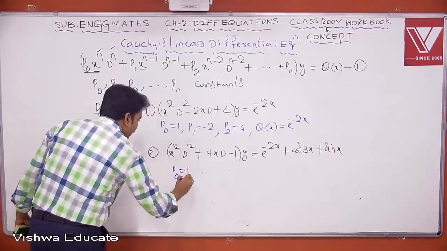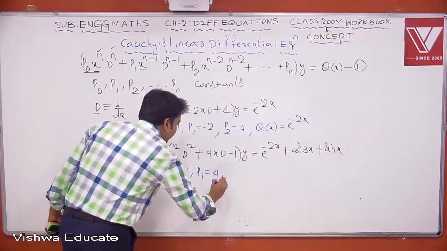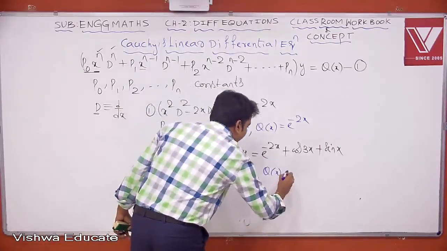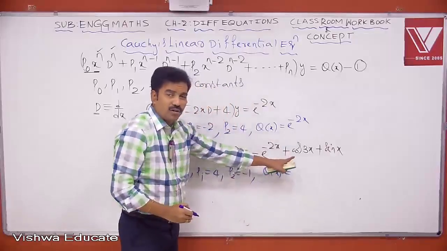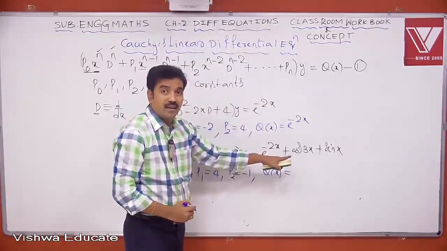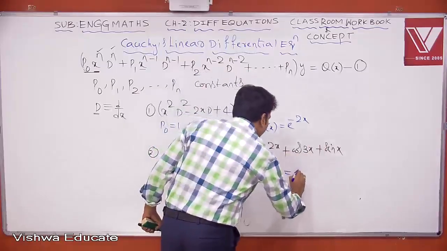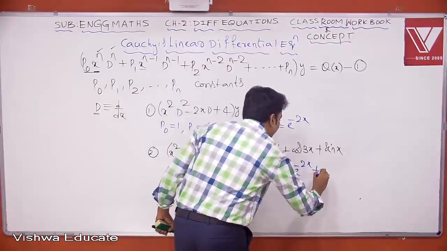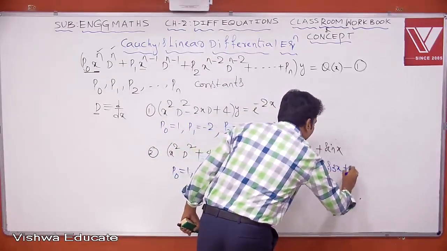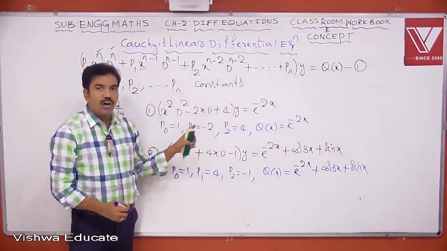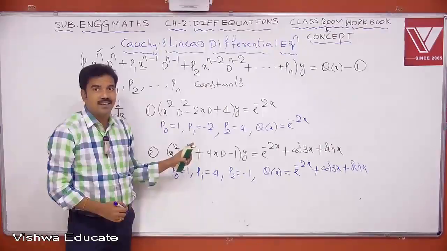Coefficient of x square, it is 1, P1 is 4 and P2 equal to minus 1, and Q of x is a complicated expression. You can even take 0 also. When you take 0 on the RHS, they are called homogeneous equations. Now I am taking non-homogeneous. So here this is e power minus 2x plus cos 3x plus sin x. Therefore, both are examples of non-homogeneous Cauchy's linear equations.